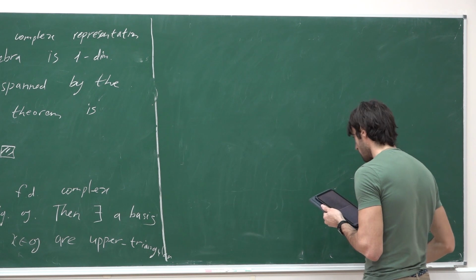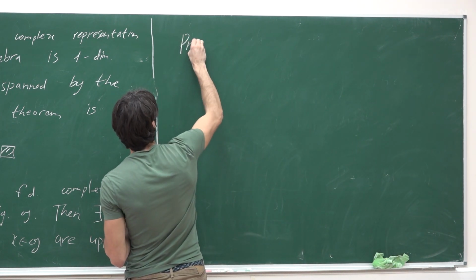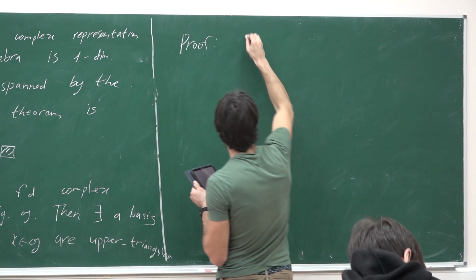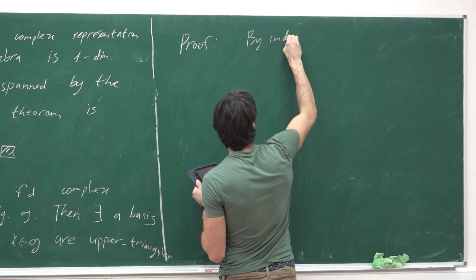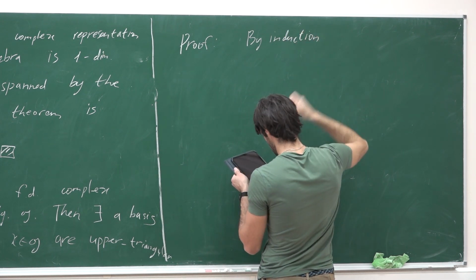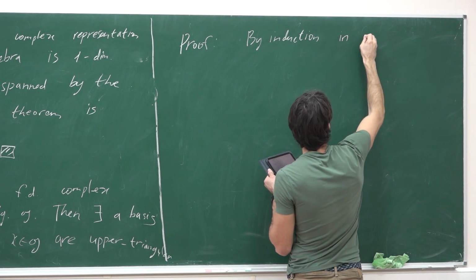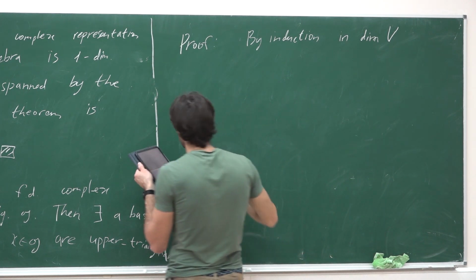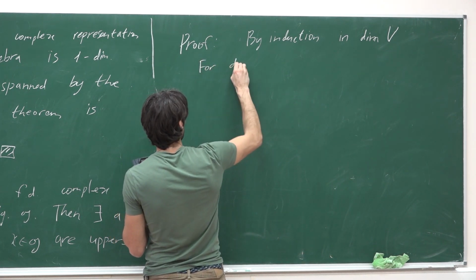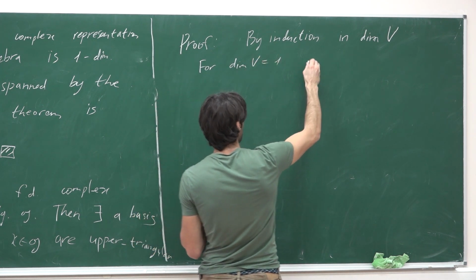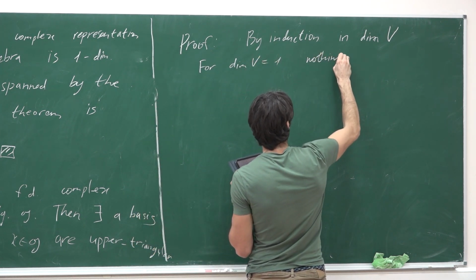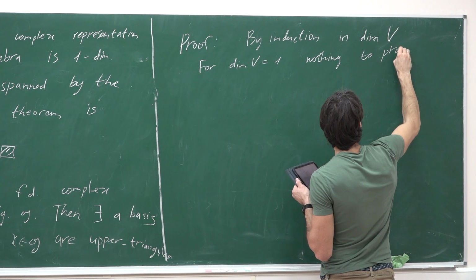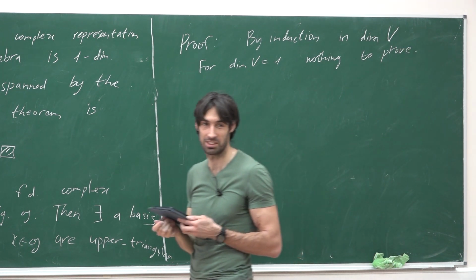Let's prove it. Proof is by induction on the dimension of V. So for dimension V equals 1, nothing to prove. Every 1 by 1 matrix is upper triangular.